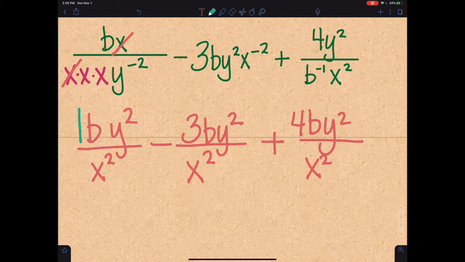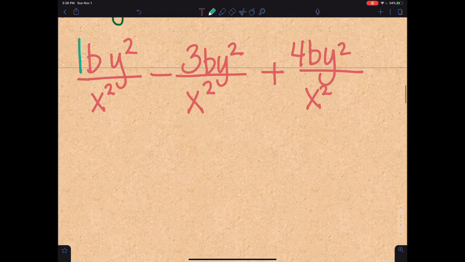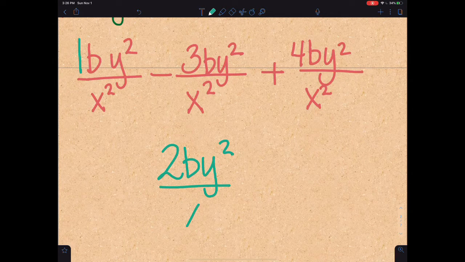So this is just like doing 1x minus 3x plus 4x. 1 minus 3 takes you to a negative 2. And then the negative 2 plus 4 is going to take you to a positive 2. So the answer is going to be a positive 2by squared over x squared. And that's going to be my final answer.